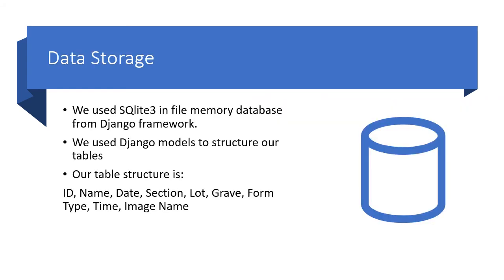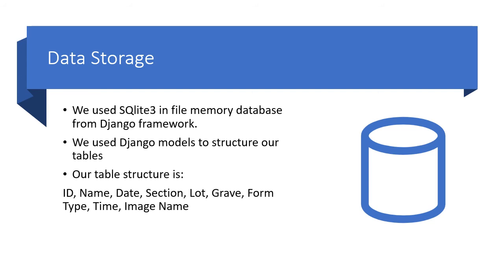For data storage, we used the SQLite 3 in-file memory database from the Django framework. We used Django models to structure our tables, and our table structure is: ID, name, date, section, lot, grave, form type, time, image name. The name is the name of the deceased.